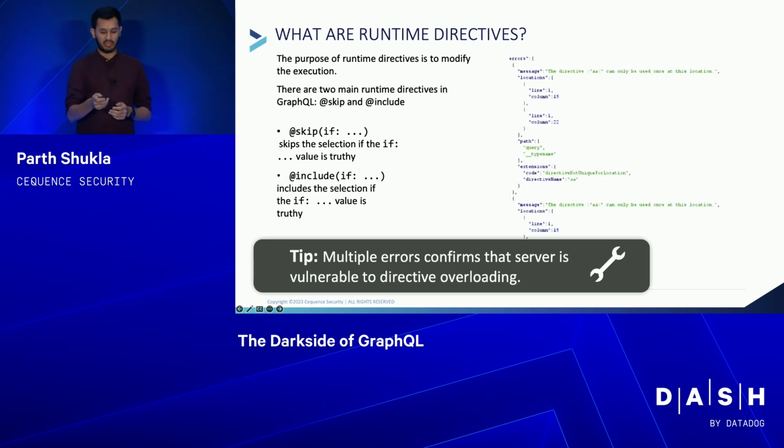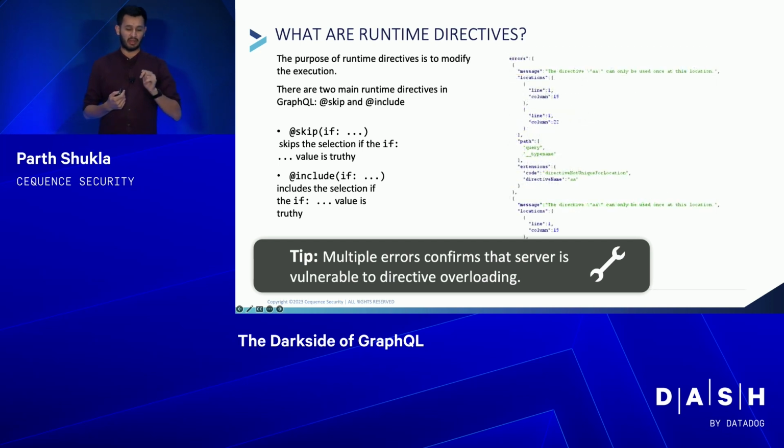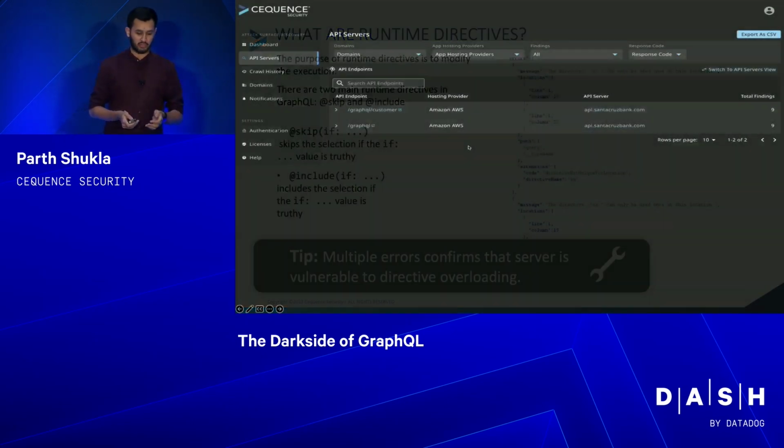Okay, so you can see here, it's not a vulnerability though, it's a risk, and we'll be discussing what the vulnerability is here. You can see here I have written 5 @AA, and when you see the response, you have multiple errors, which confirms that there could be a directive overloading issue. It's not sure that there is an issue, but there could be.